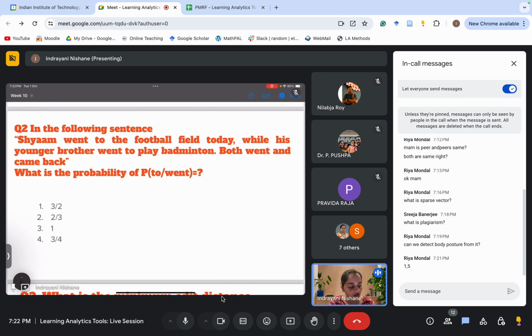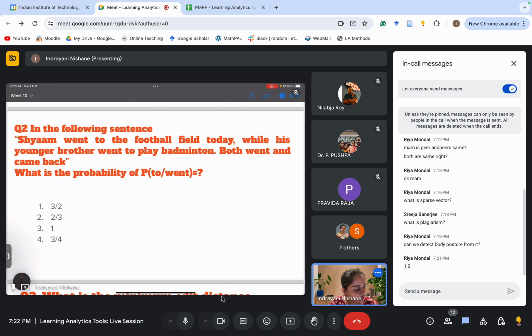So here we have to calculate the probability of 'to' given 'went'. This is based on the Markov assumption, which we saw, that the probability of the current word is influenced by the previous word. So what is the probability of occurrence of the word 'to' compared to 'went'?